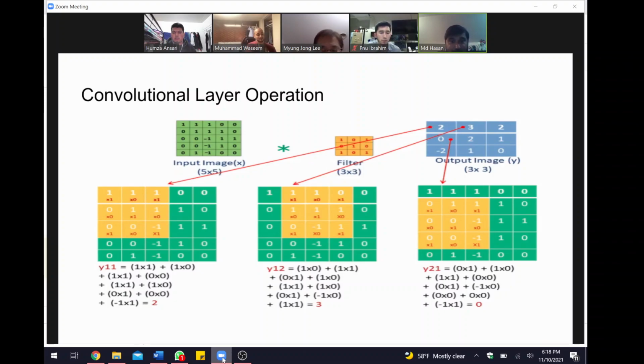And if it is RGB, then we have 0 to 255 for the image pixels. So go to the next slide.